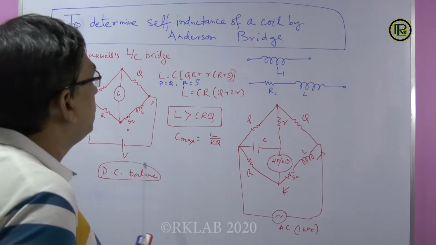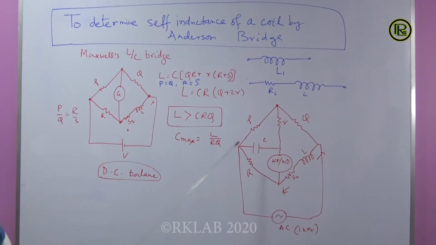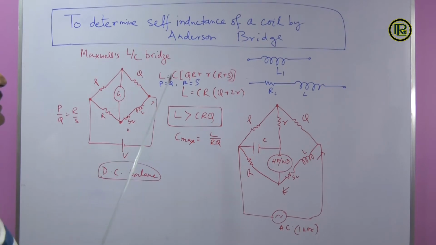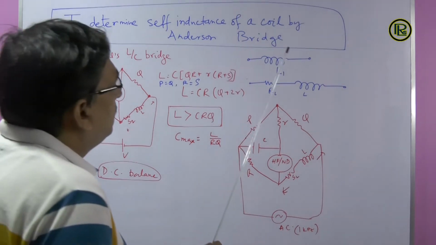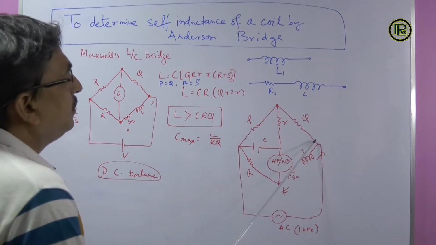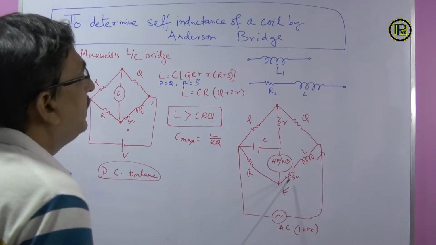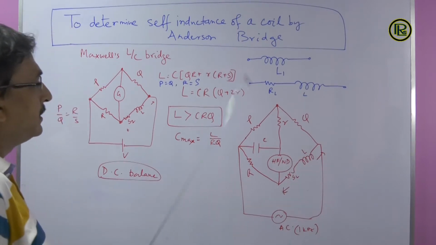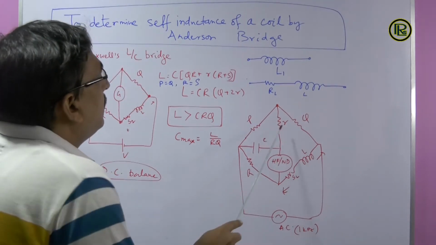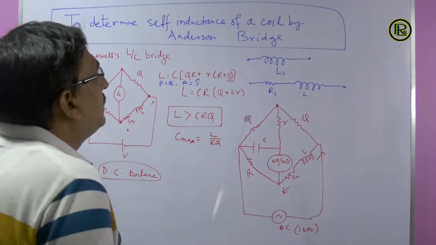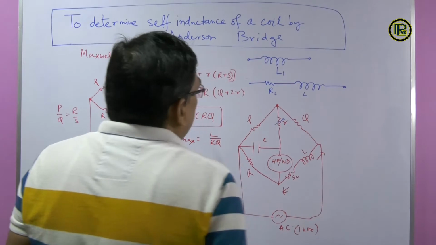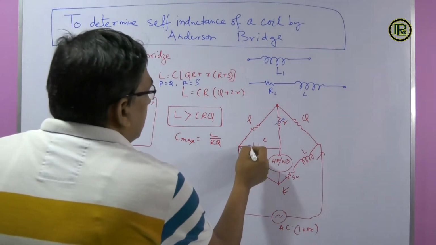This bridge is a simplified version of Maxwell's L by C bridge, and it has four arms: P, Q, R and S. There is one small resistance r here which is variable, and there is one capacitor here.